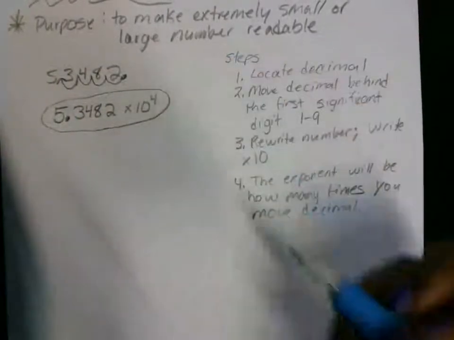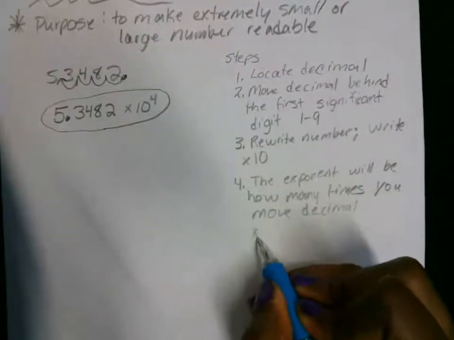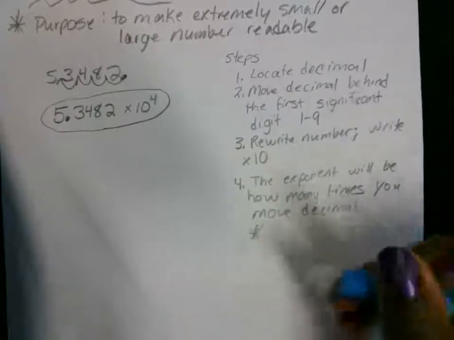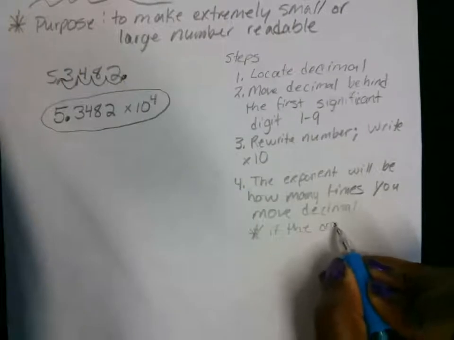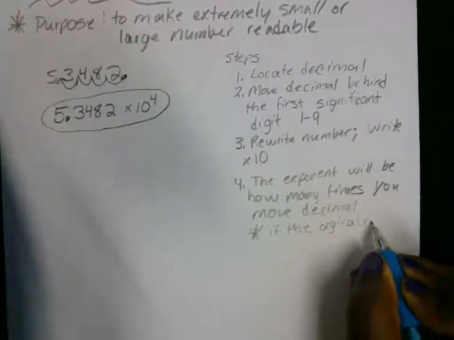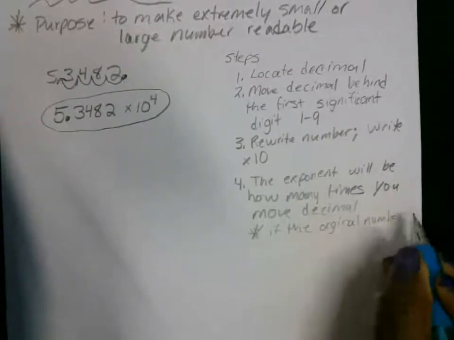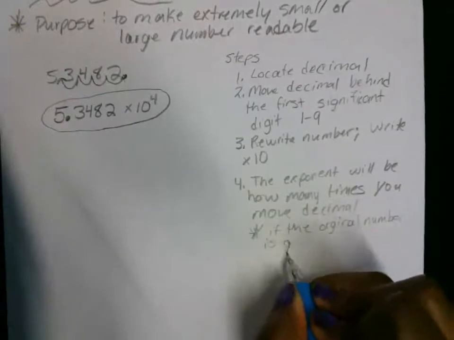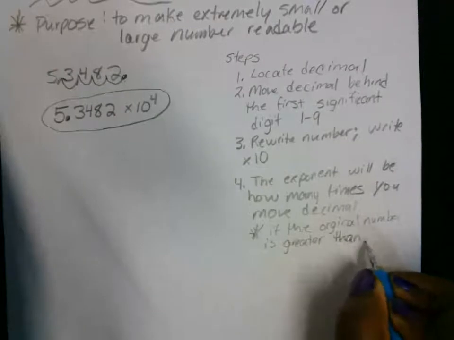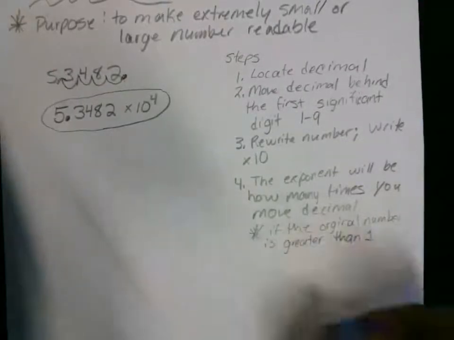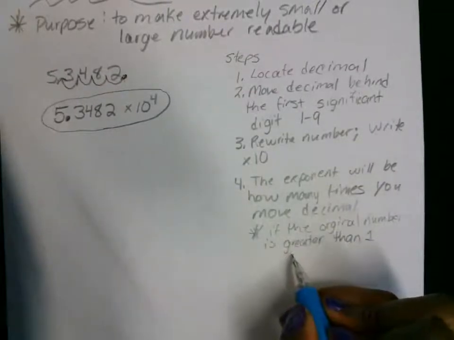And this number is written in scientific notation. So I'm going to make a star here and write this down. If the original number is greater than 1, the exponent is positive.